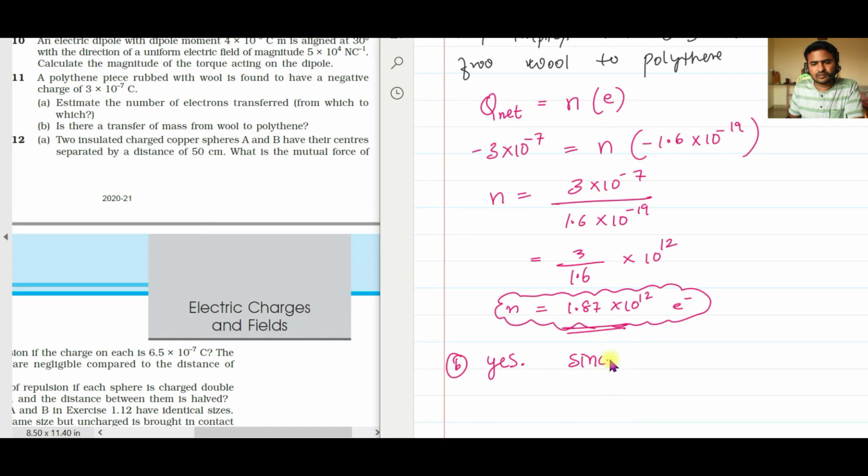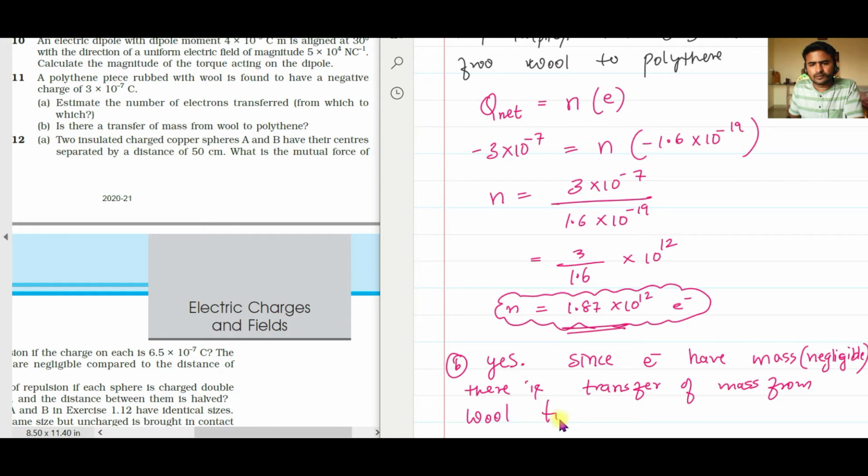Since electrons have mass (negligible though, I'll just write it in brackets, negligible), there is transfer of mass from wool to polythene.